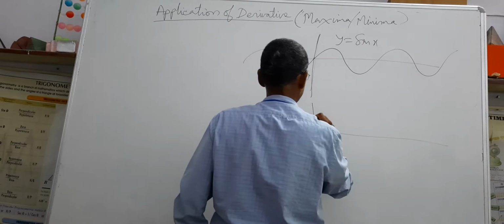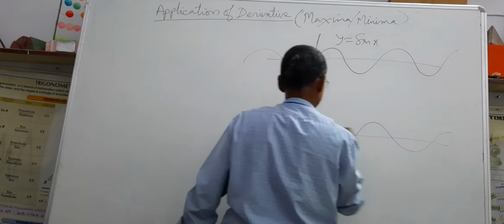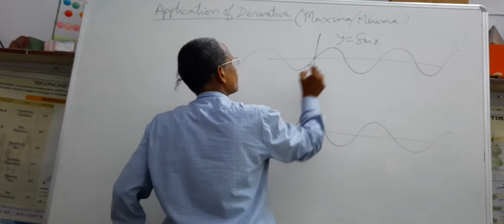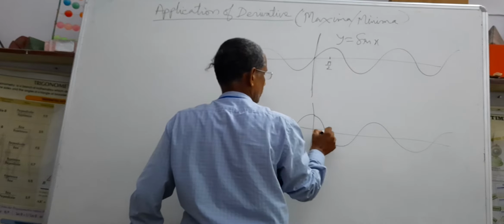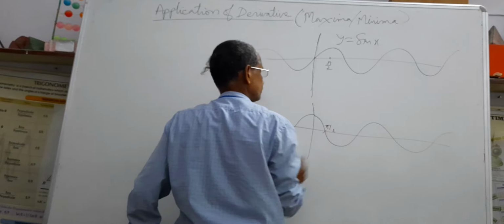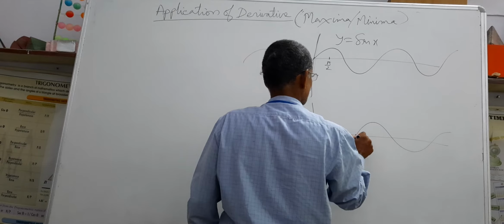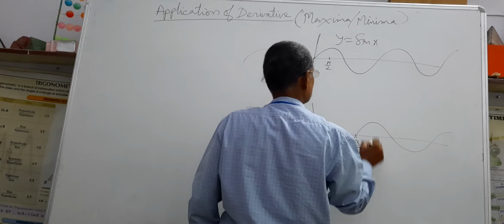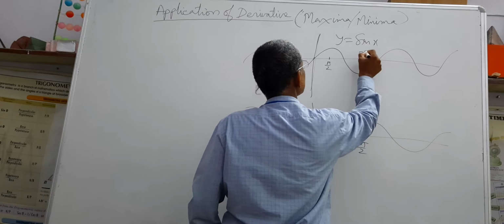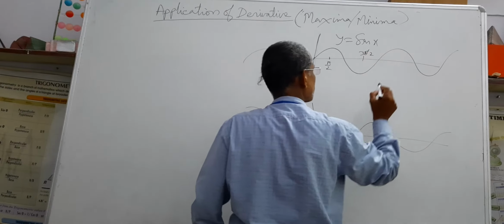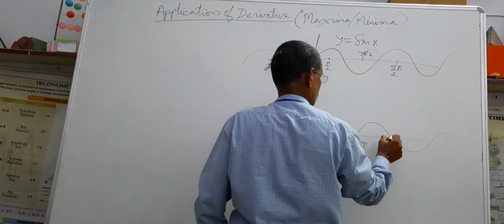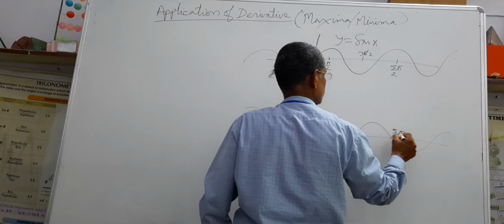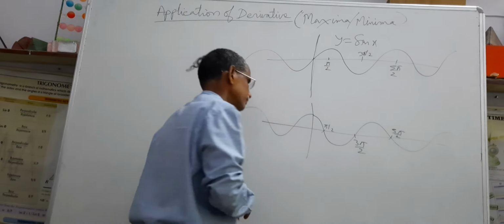This is graph of cos x, with x values pi by 2, 3 pi by 2 and so on.